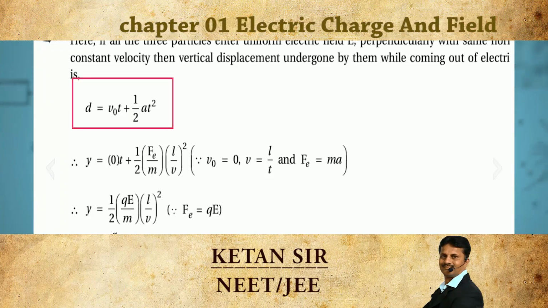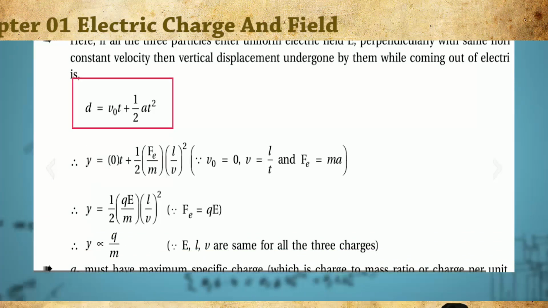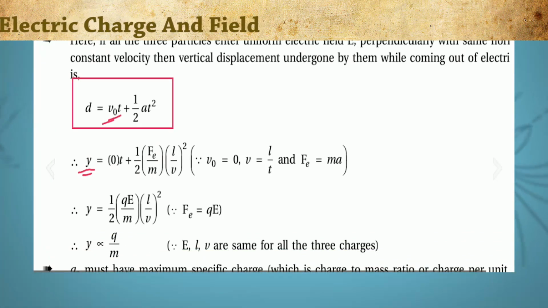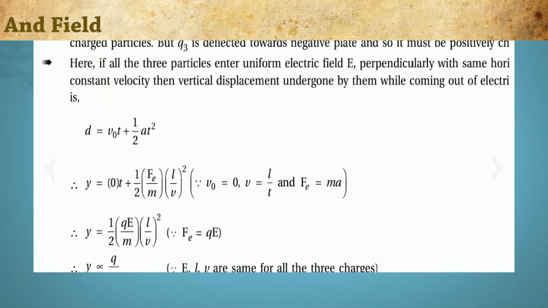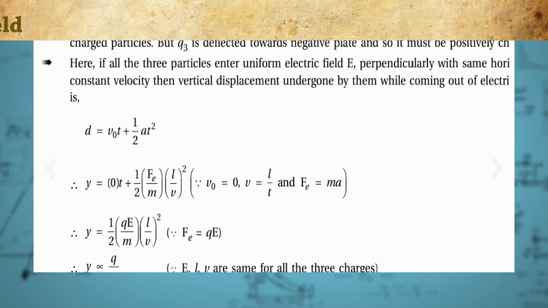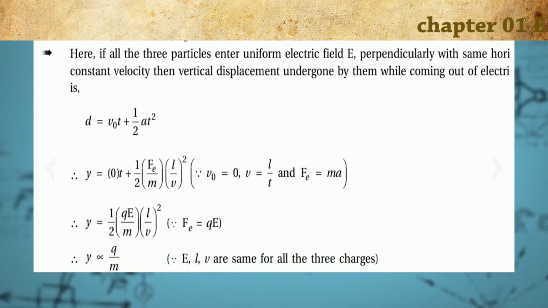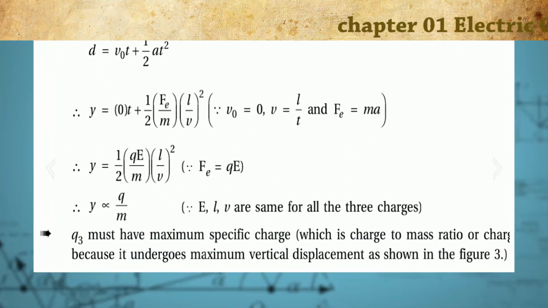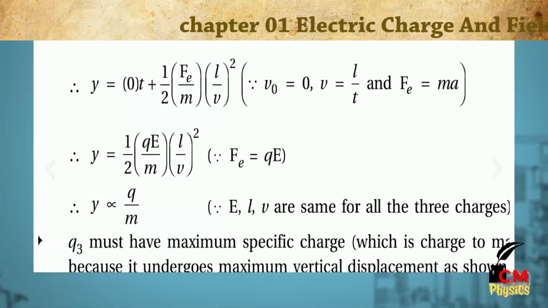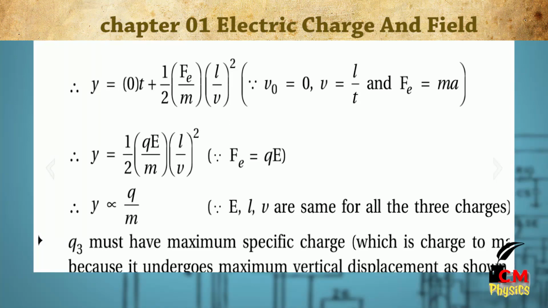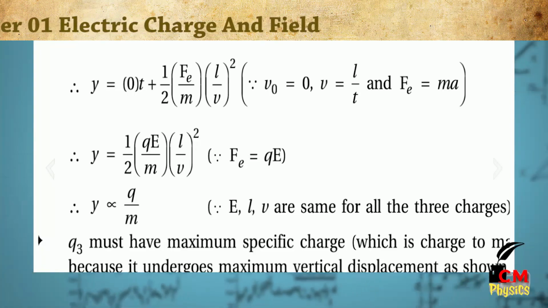Initially the particle is at rest, the displacement of the particle is in the y direction, initial velocity is 0, one by 2, acceleration of the charged particle is qE by m, and time is distance upon velocity.